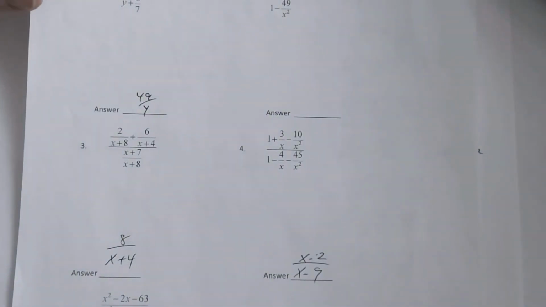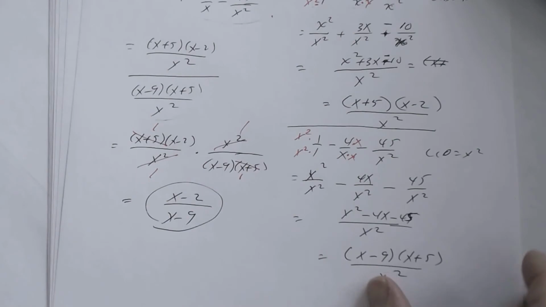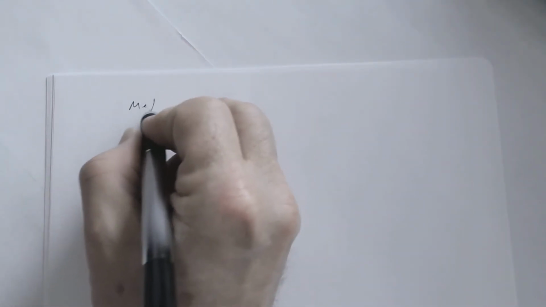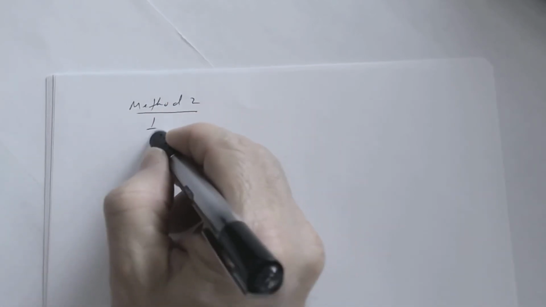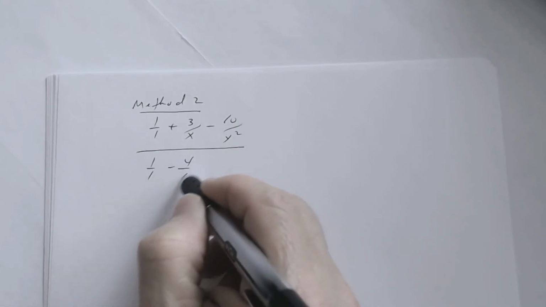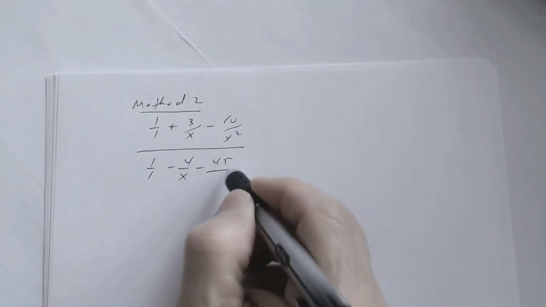Okay? Now let's do method 2 with this. So method 2 would say this. Okay, same problem. So we have 1 divided by 1 plus 3 divided by x minus 10 divided by x squared, divided by 1 divided by 1 minus 4 divided by x minus 45 divided by x squared.